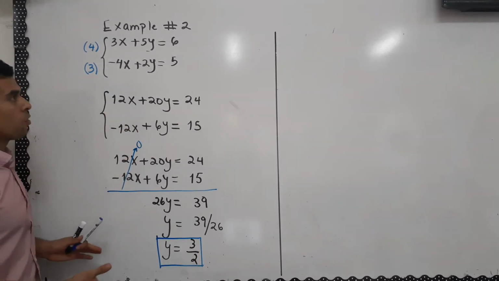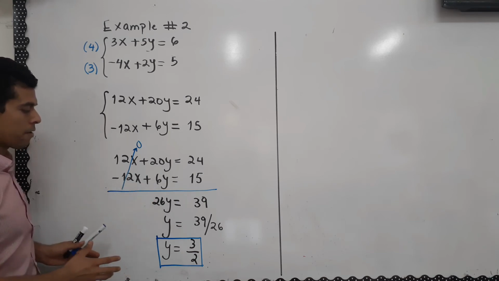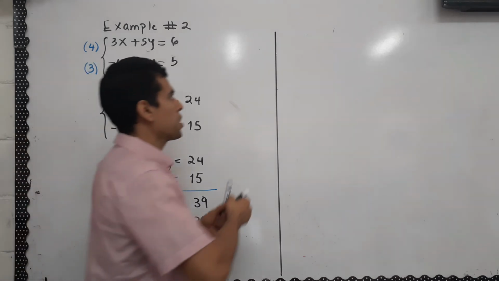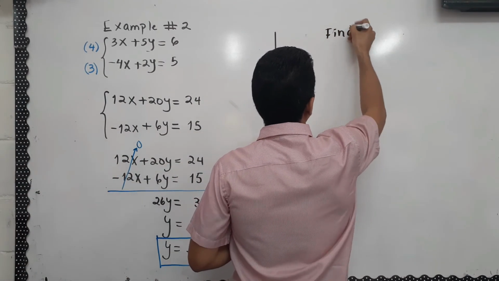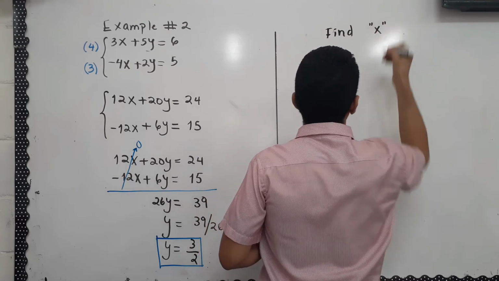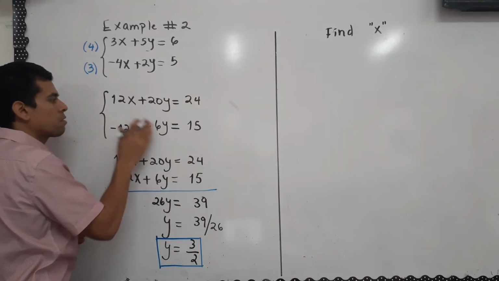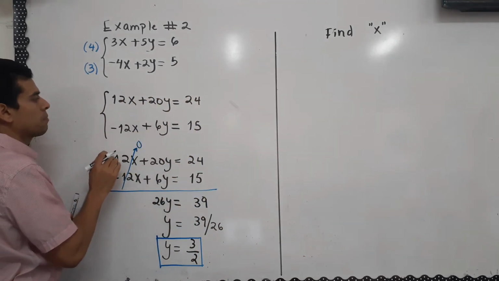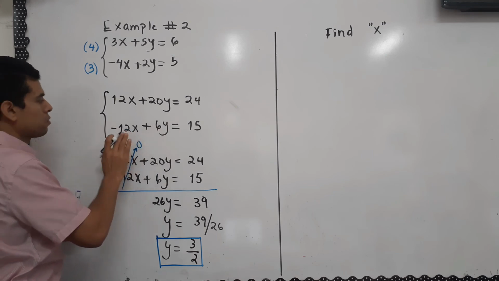Now, I'm going to find the value of the variable x. I'm going to do it right here. Find x. So in this case, how do you find x? You can use either equation 1 or equation 2. In this case, I'm going to use equation 2.